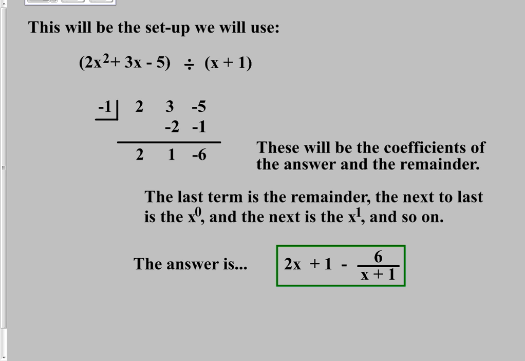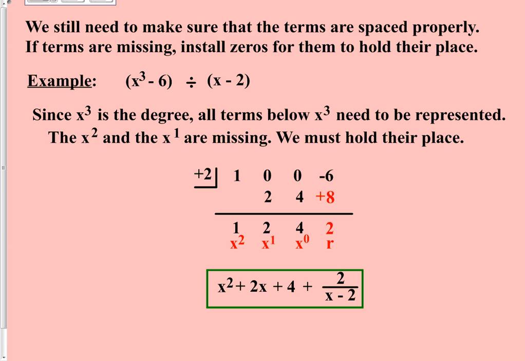Now, one thing you need to keep in mind for both the long division and the synthetic division method is that by either method you are not allowed to skip any powers that are smaller than the degree. So in this case, the dividend starts off at x cubed, but it is missing its x squared term. It is missing its x to the first term.